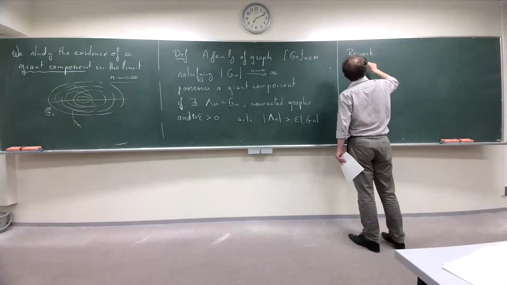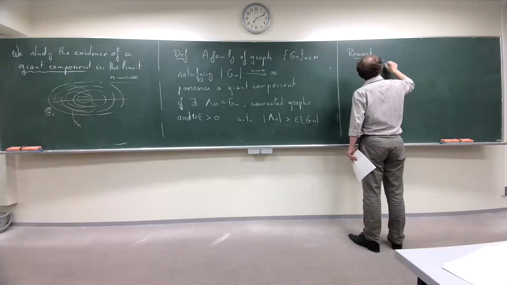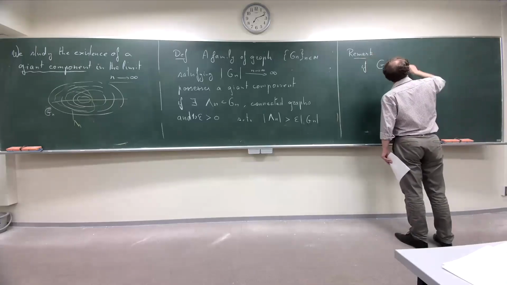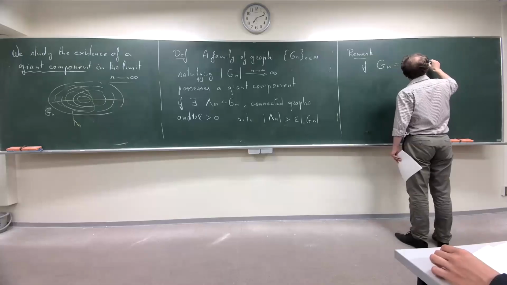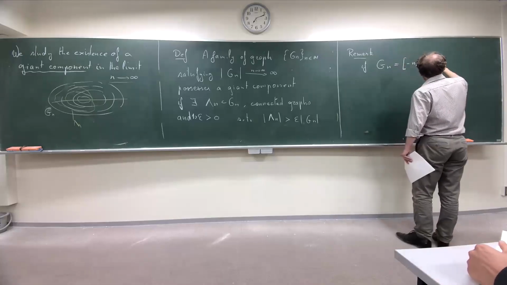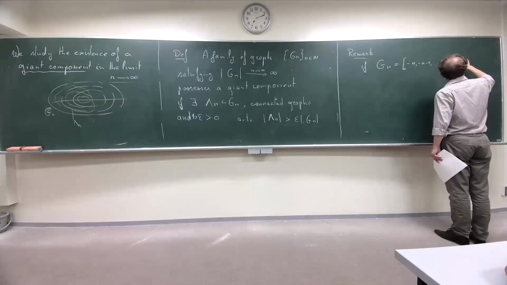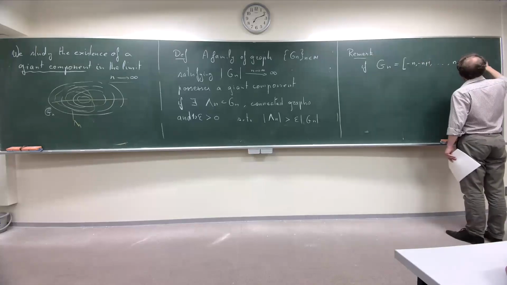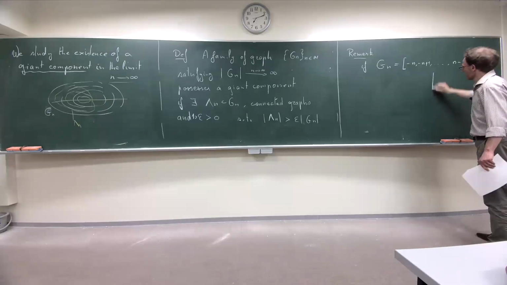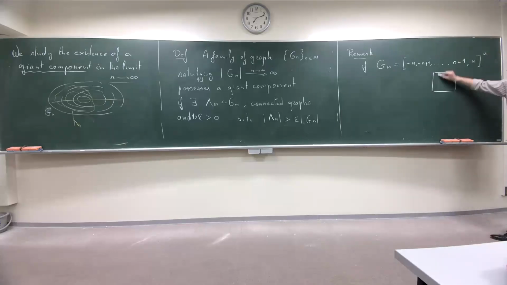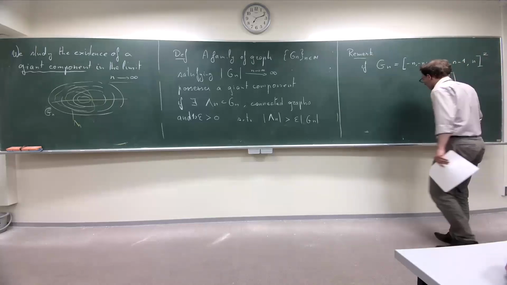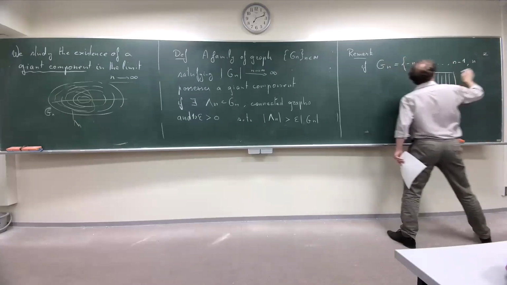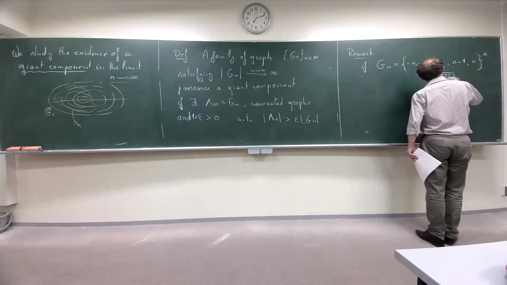Let Gn be the square. Please make the picture in order to understand this notation.